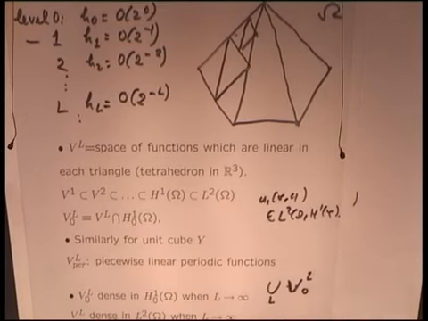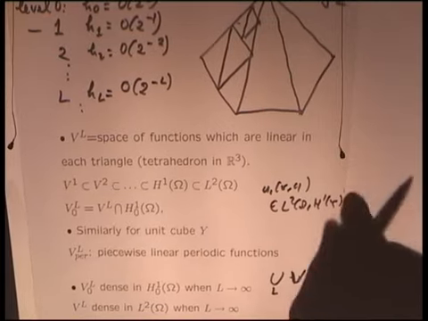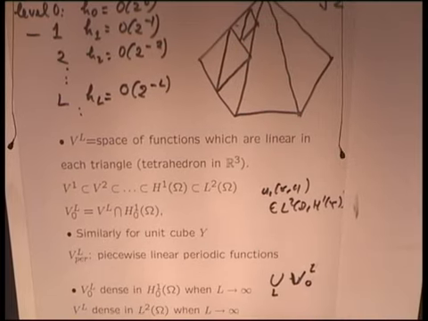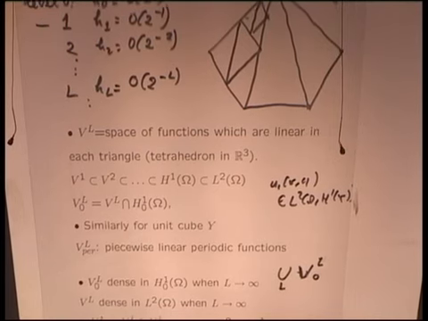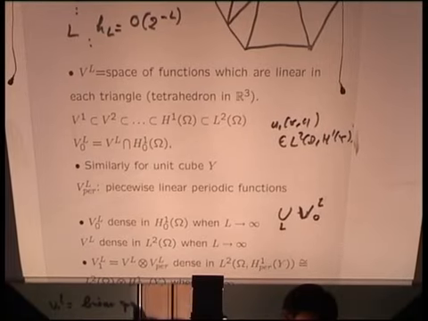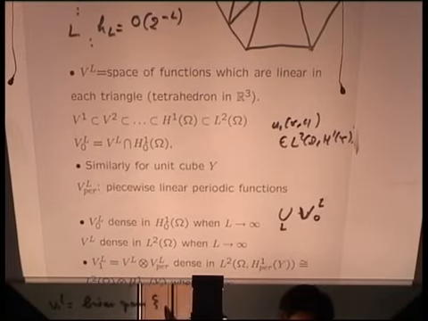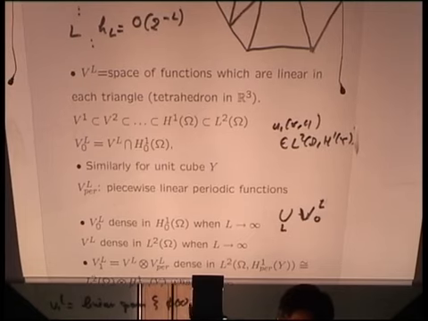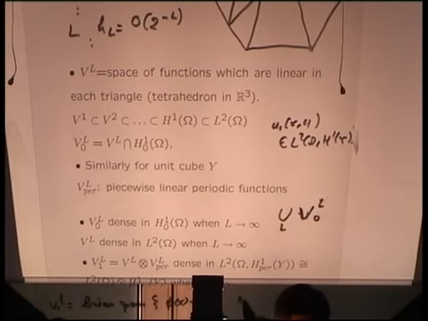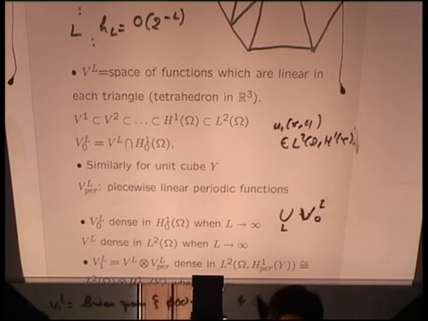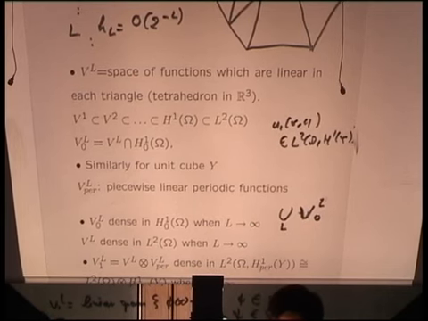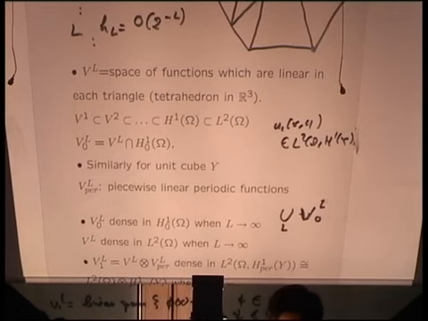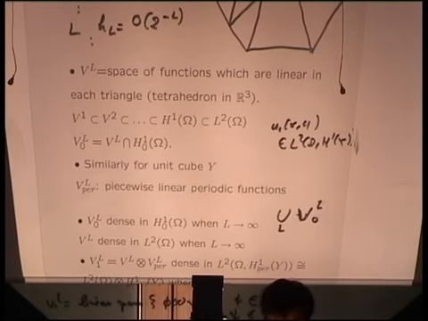So we define V1L like that. What I mean here is V1L is the linear span of all the functions of the form phi(x) times psi(y), where phi is inside VL, and psi(y) is inside VL periodic.